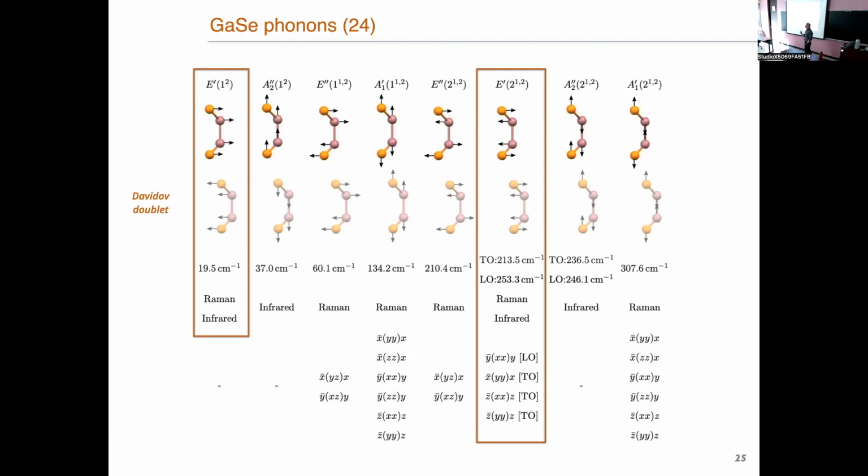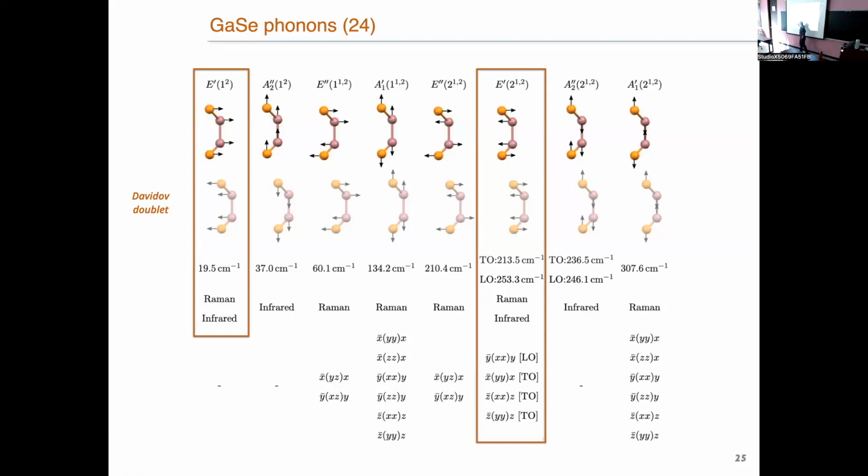Now, not all vibrational modes can form polaritons. Only those that carry an electrical dipole can do so. And those are indicated here by those that have an infrared component, okay? So it means that they have a dipole. We want to study them with Raman, so these phonons must also be allowed in Raman spectroscopy.